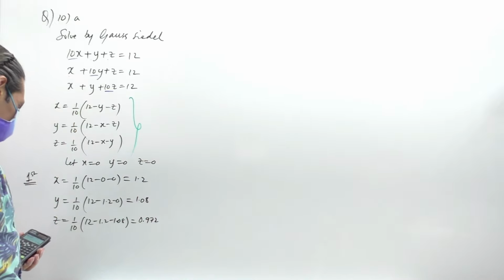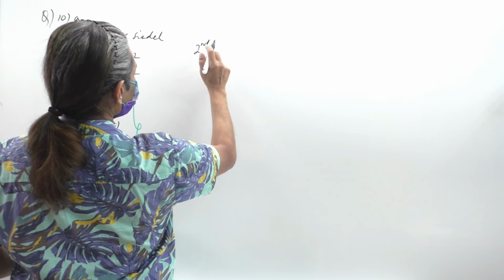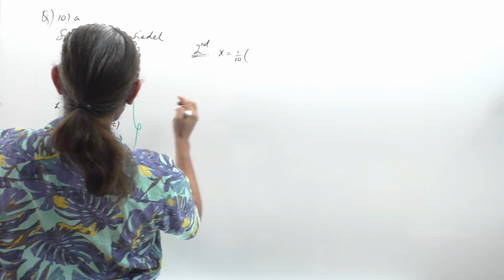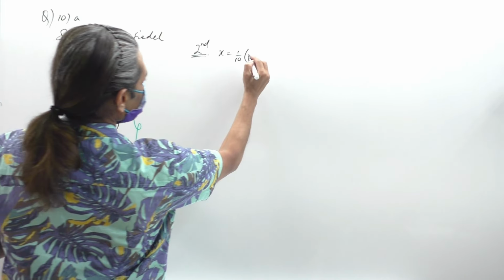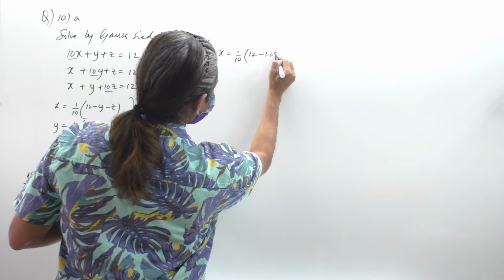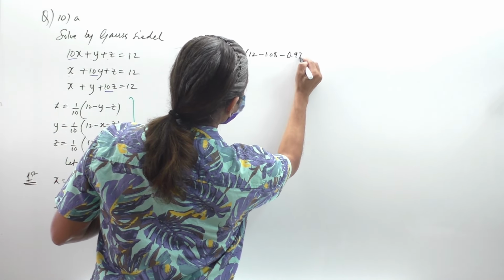Now the second iteration is again the same thing. In the second iteration, x is equal to 1 by 10, 12 minus new y, 1.08, minus new z, 0.972.